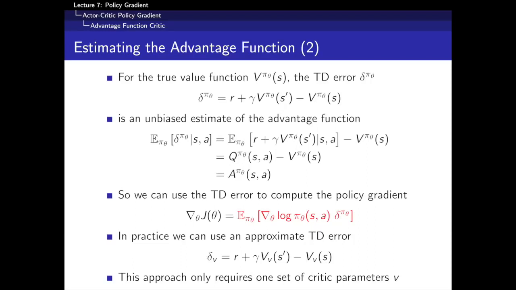This term here, the expected reward plus state value at the next state, given S comma A, is precisely the definition of Q. This is just like unrolling our Bellman equation one half step. So Q is equal to the expected reward plus state value at the next step. And so this whole thing basically tells us that we've got our Q minus V now. This is the advantage function. This tells us that the TD error is an unbiased sample of the advantage function.